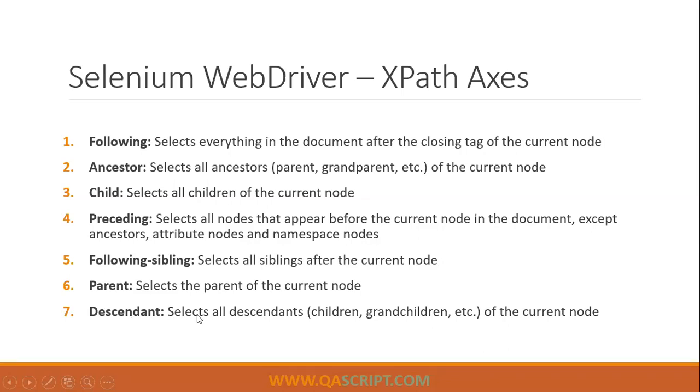Now the last one is descendant. What does it do? It selects all its descendants, whether it's the children, grandchildren from the current node, right? So it's pretty similar to the child access method, but in this case, it actually selects all the children and grandchildren, but child only selects the children of the current node, right? So that's the difference.